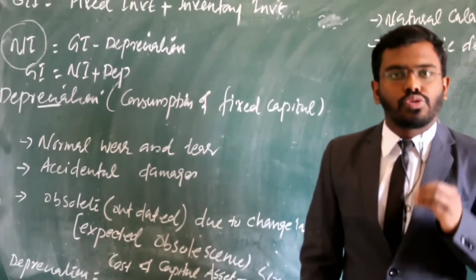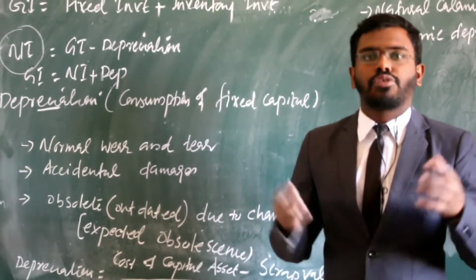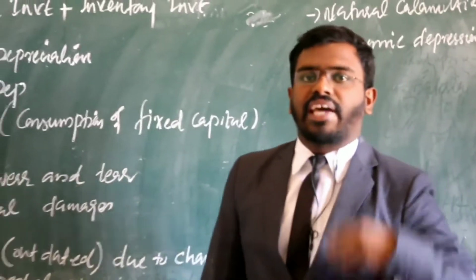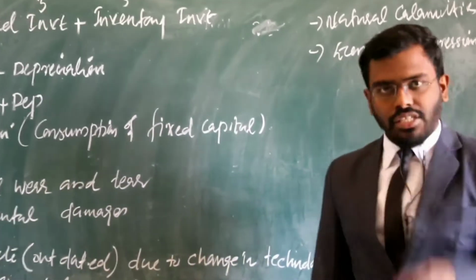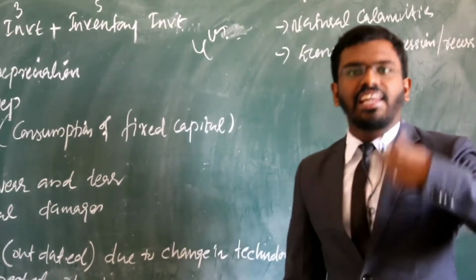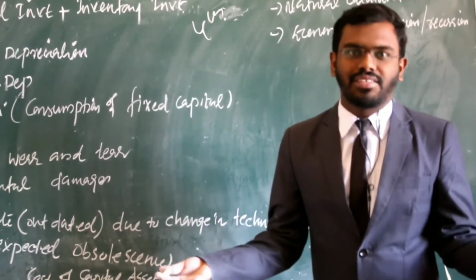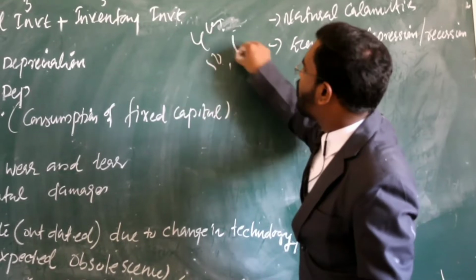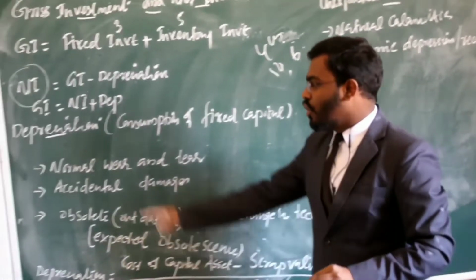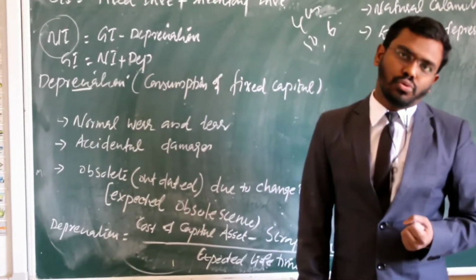Due to accident also, the value of an asset will decrease. For example, suppose today you purchase a car and unfortunately you make an accident, and while purchasing that car you spent 4 crore rupees, and while reselling that car, definitely you will not get 4 crore rupees. You may get 50,000 or 60,000 because its value is decreased due to usage as well as due to accident also.